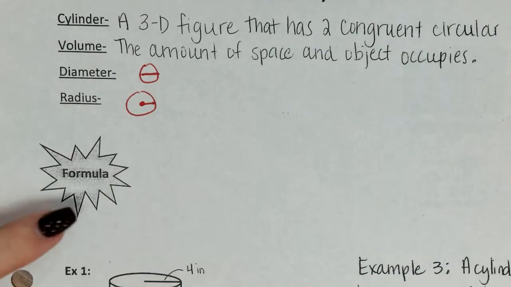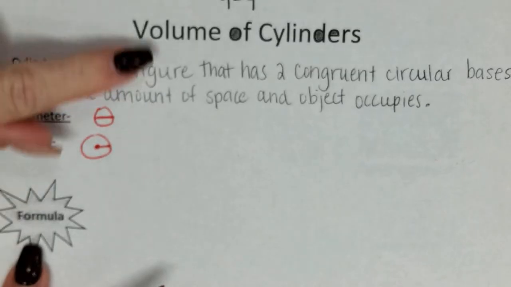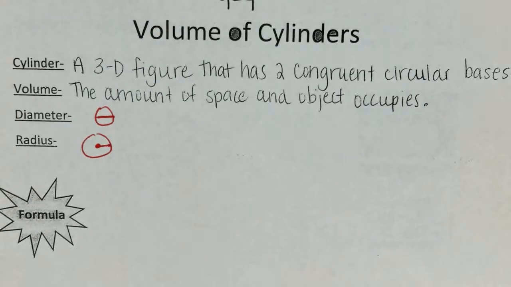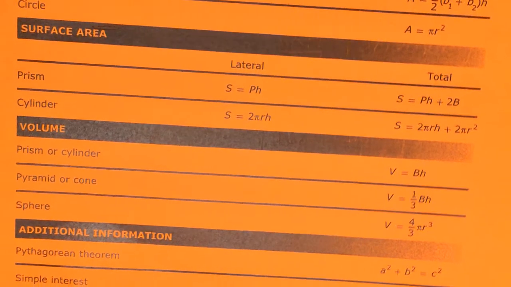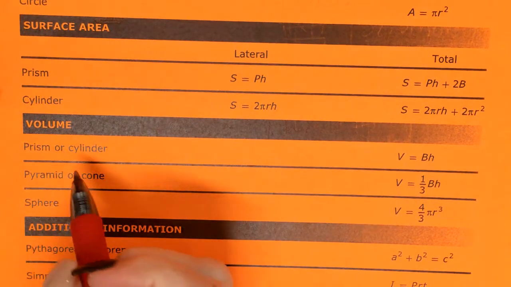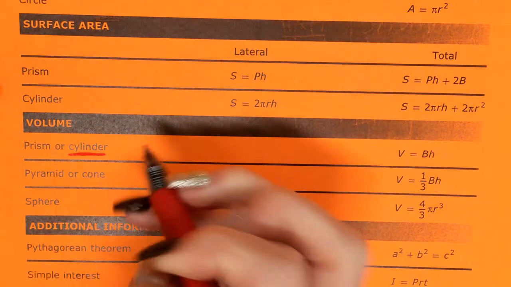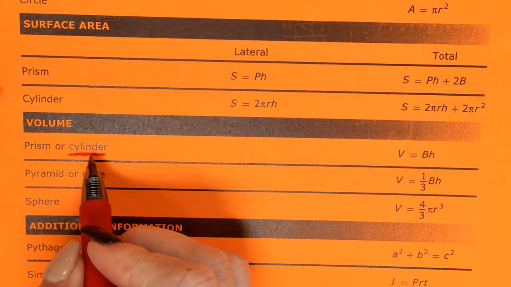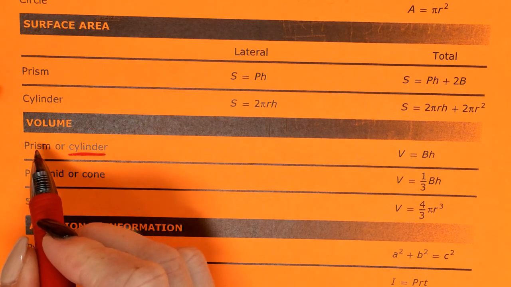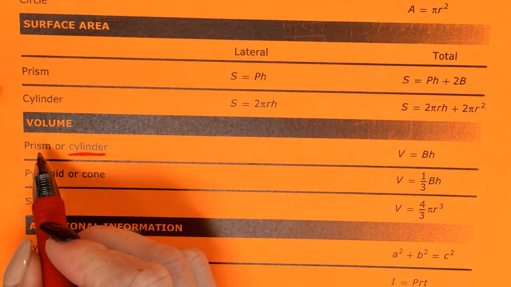All right, we're going to go find the formula for volume of a cylinder. So where am I going to look? At my star chart. So everybody grab your own star chart. Again, if you left it at home, just look with me. Volume, and we're looking for which shape? I want y'all to underline that because we really don't do volume of prisms in my class.